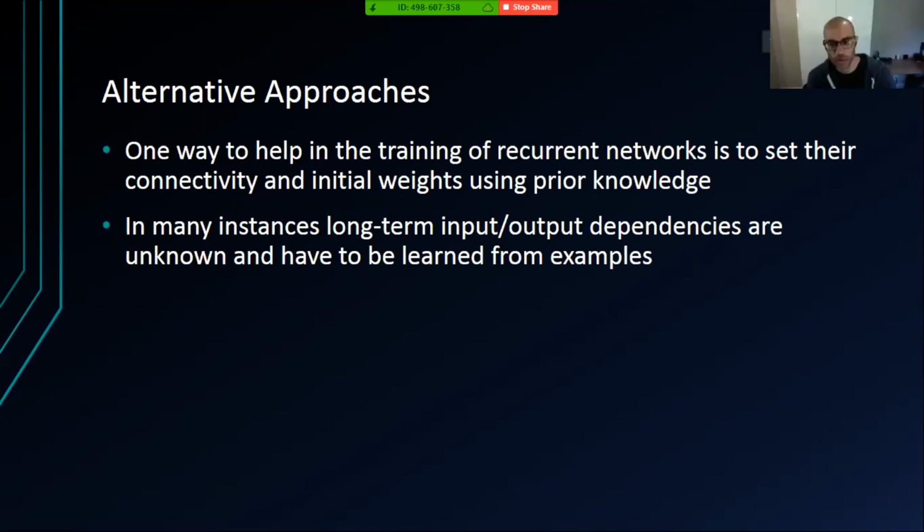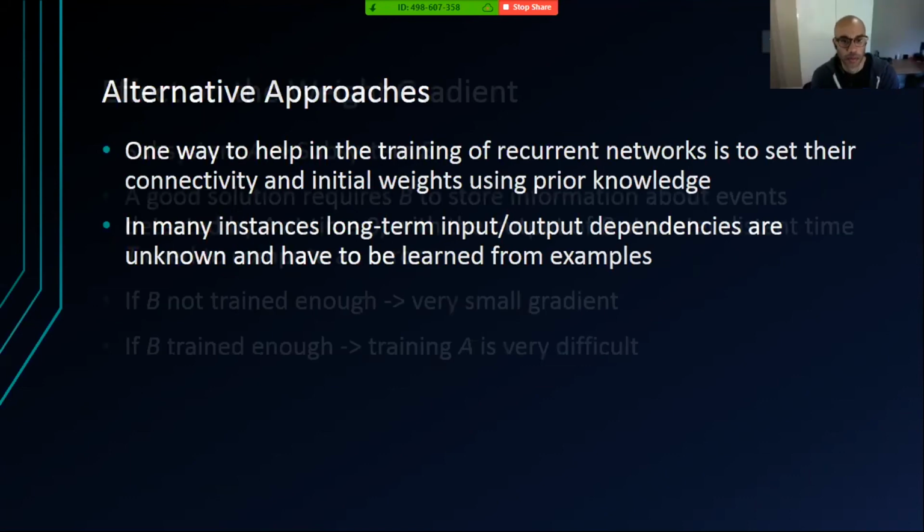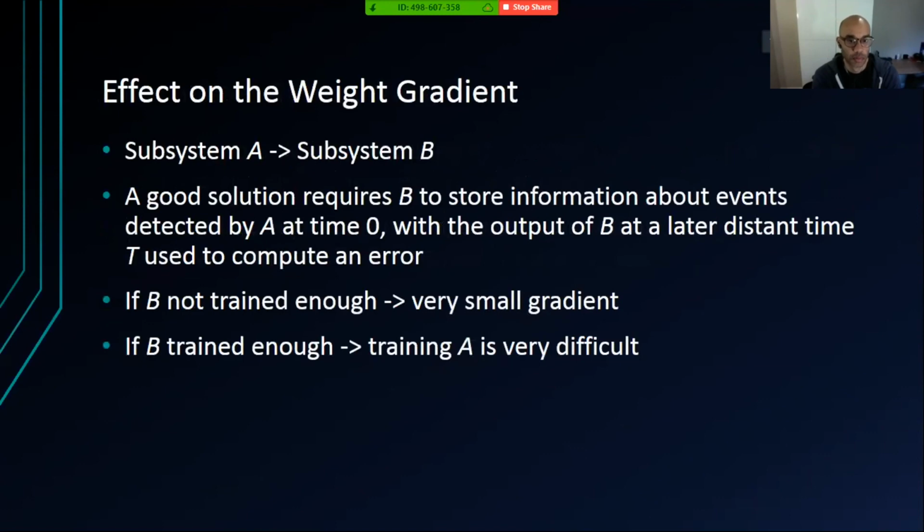Can you go back to the previous slide? So they're proposing that a general solution is to divide it up into two subsystems: the RNN that you're trying to get to converge, and then some other system that is able to track the events that the first one detected.